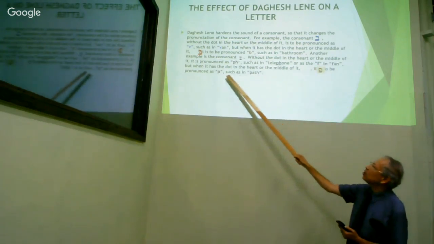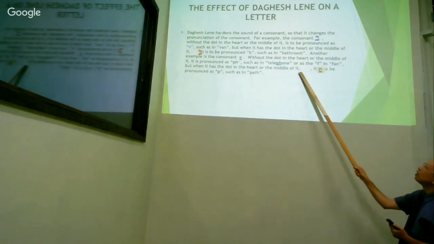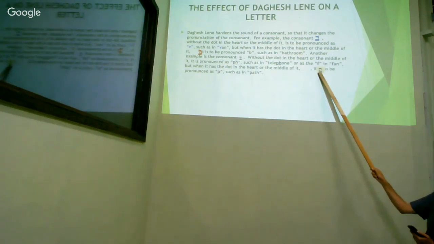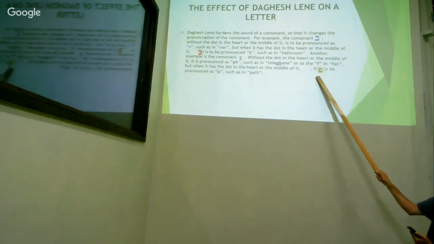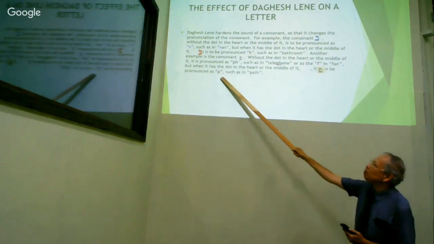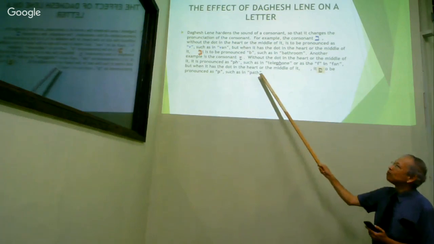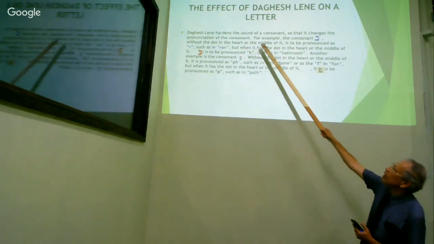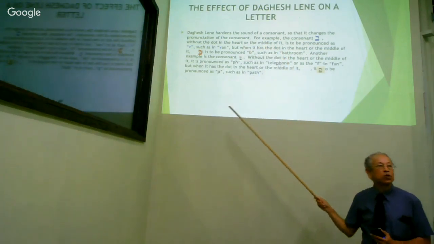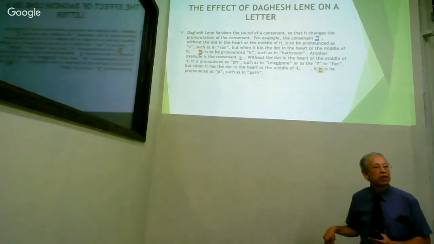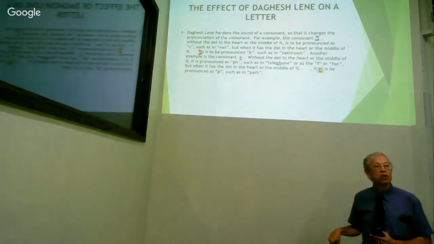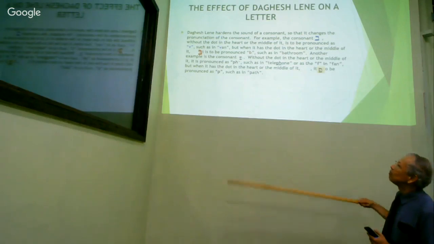But when it has the dot in the heart or the middle of it, like what you see here, it is to be pronounced as P, such as in calf. So Daghesh Lene changes the sound of a consonant from a soft sound to a hard sound.